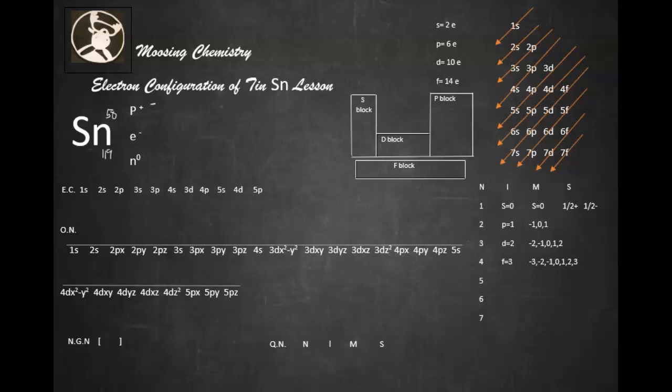So that means we have 50 protons and 50 electrons because it's electrically neutral. For neutrons, we take the AMU minus the protons: 119 minus 50 gives me 69 neutrons.